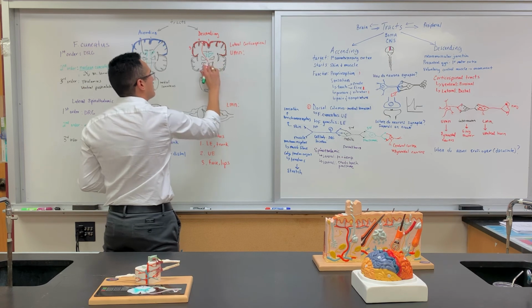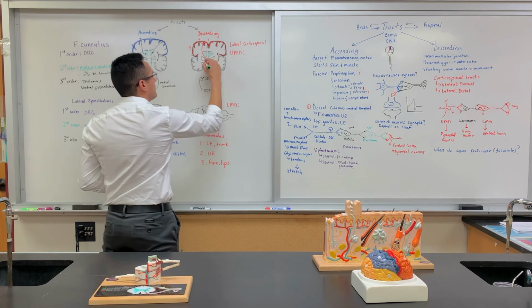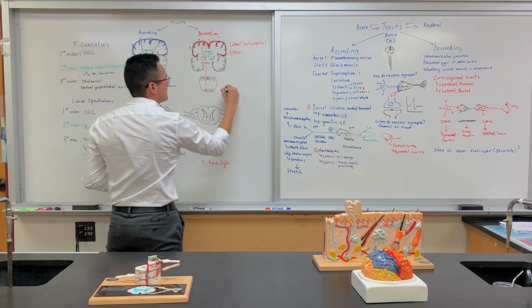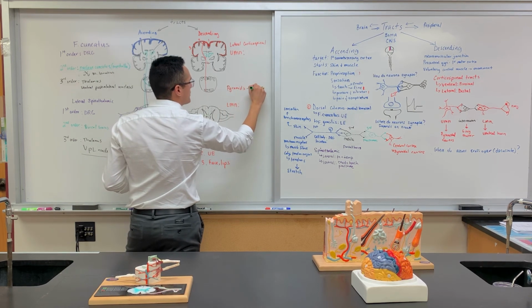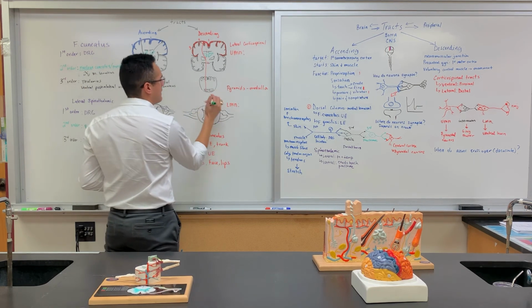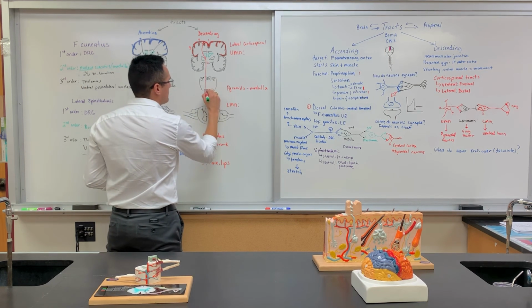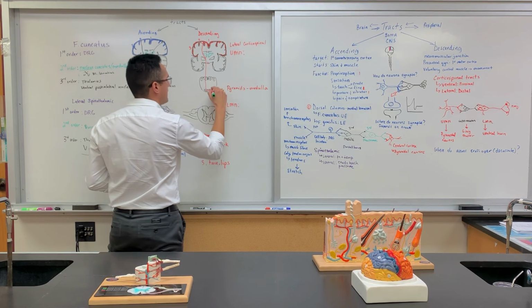And then once it reaches, so it goes down this way. So once it reaches this point, this is the point known as the pyramids. So the pyramids are found within the medulla. And we should have identified that on the brainstem. But from there, that's when it crosses over. So it'll cross over, and then it goes down.